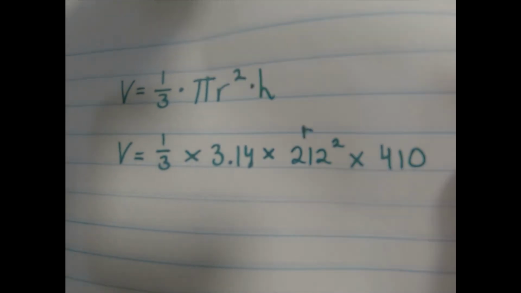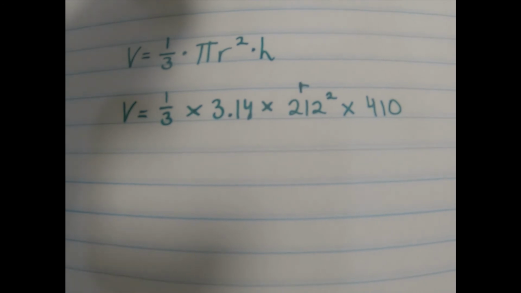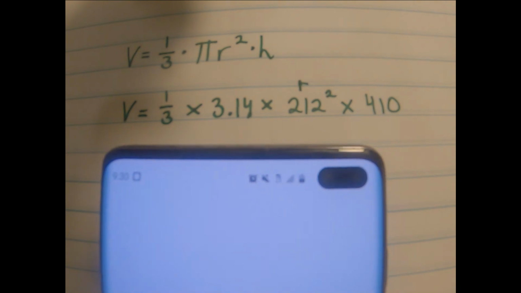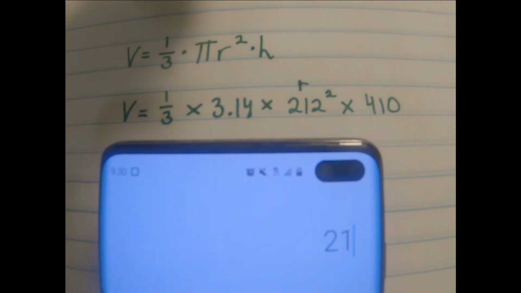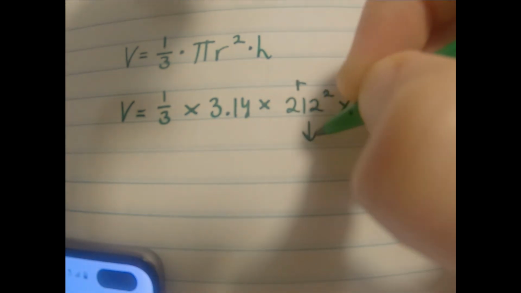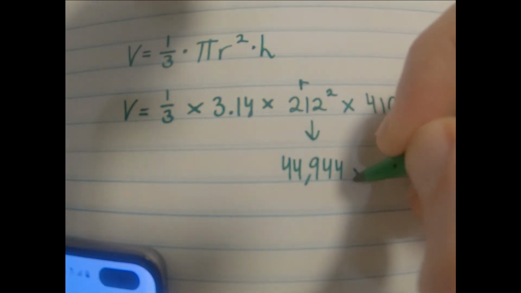This is going to take quite a few numbers, so I'm going to use my calculator instead of multiplying in the triple digits. And I'll go ahead and multiply first 212 squared. So 212 times 212. And I get 44,944.